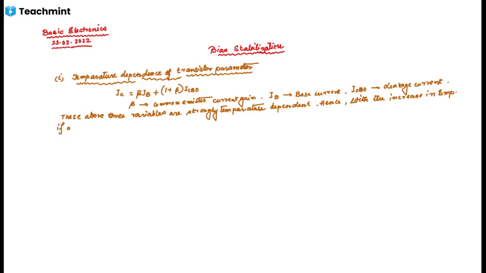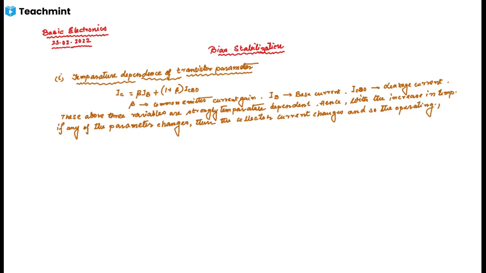If any of the parameters changes, then the collector current changes, and so the operating point is shifted to any other region.